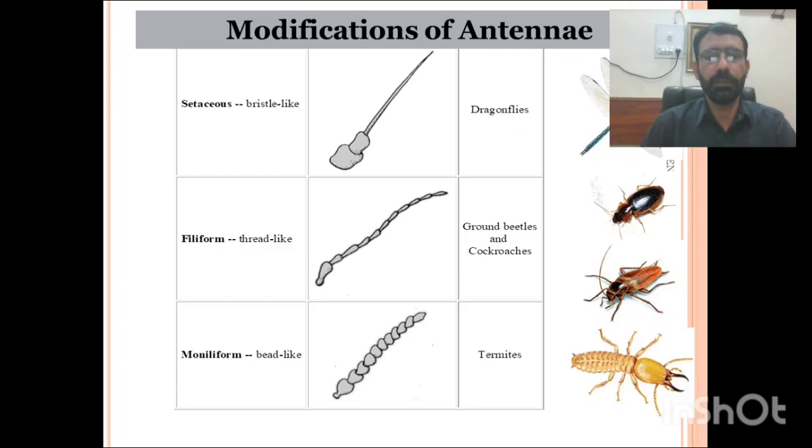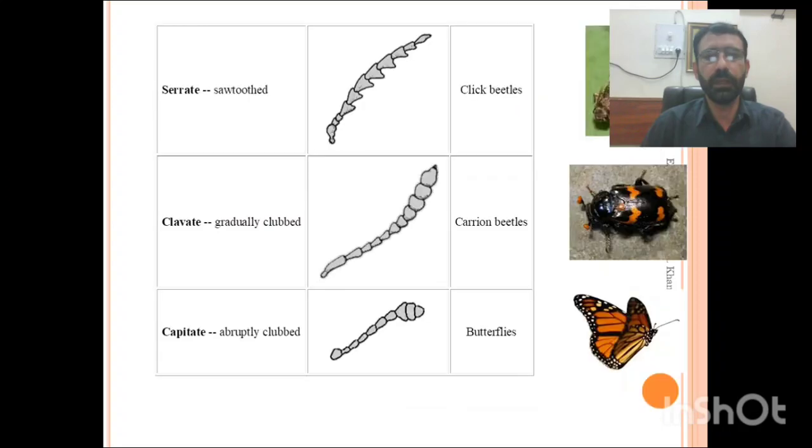Then the antenna of termites is a bead-like structure, known as moniliform. Setaceous is bristle-like, filiform is thread-like, and moniliform is bead-like.